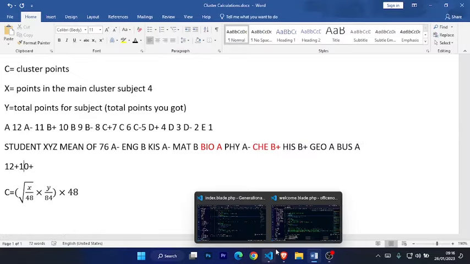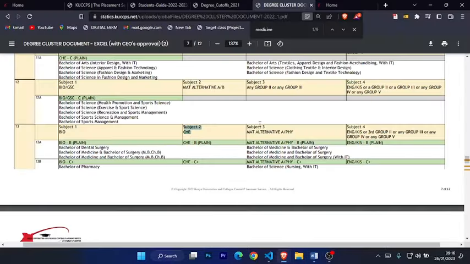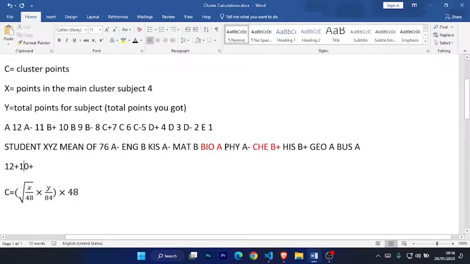Then we go and look for subject 3. Subject 3, maths alternative A subject. That is, as you can see here, it's physics. We have written here physics. Any physics or any other course for that group 3, subject 3. So we come here and color our physics here.